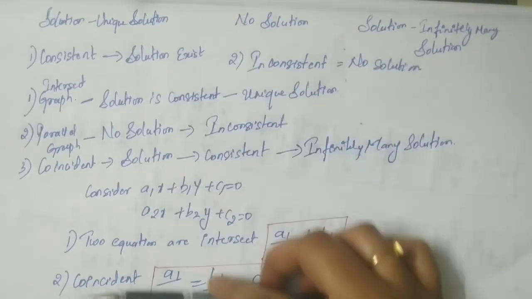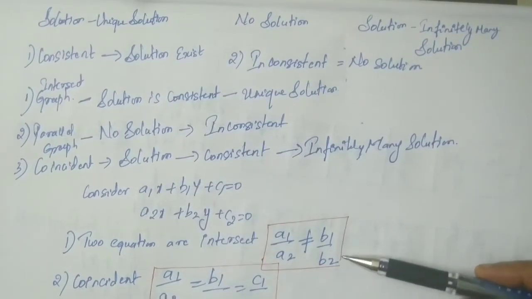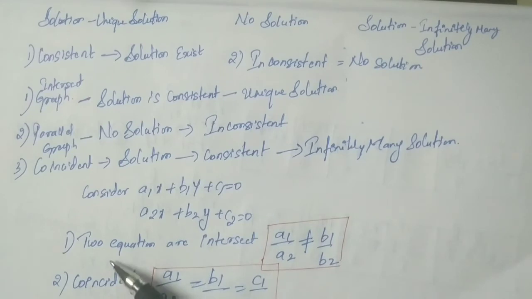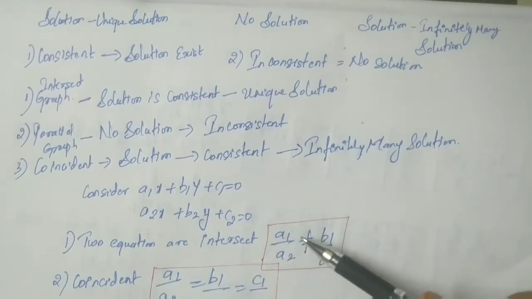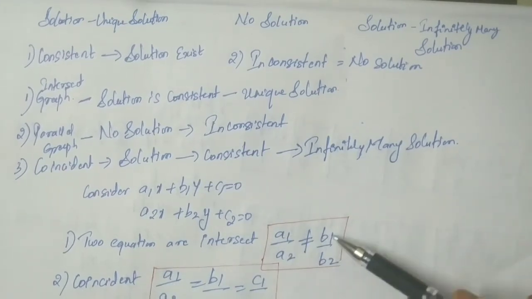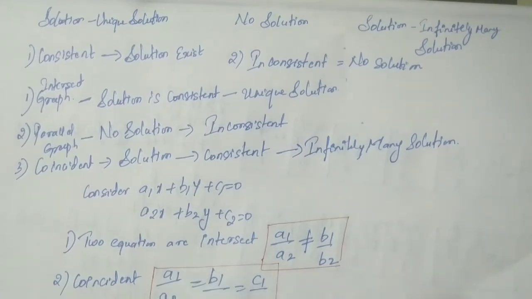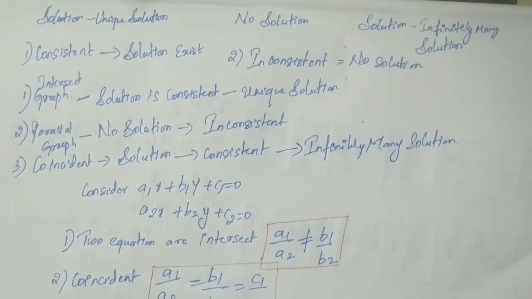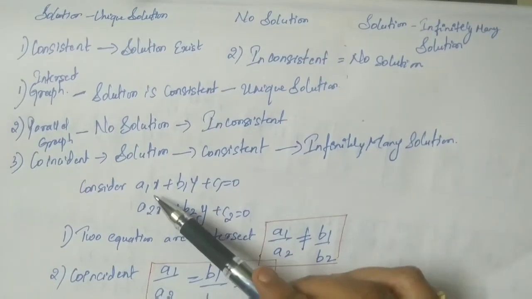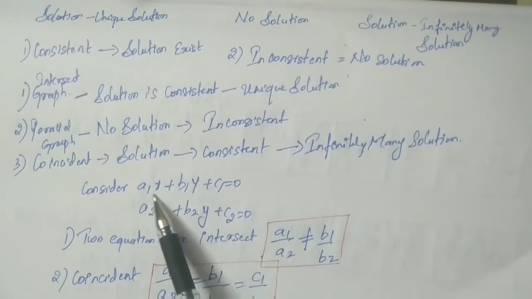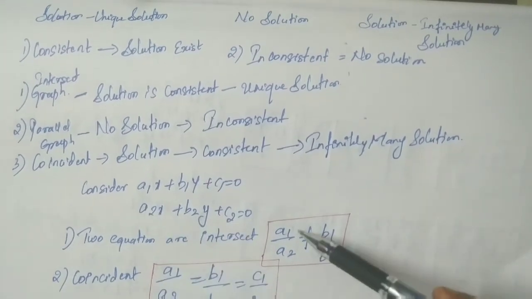We have a standard equation a1x plus b1y plus c1 is equal to 0, a2x plus b2y plus c2 is equal to 0. When they intersect, a1 by a2 should not be equal to b1 by b2. When they coincide, a1 by a2 is equal to b1 by b2 and it should be equal to c1 by c2. And when they are parallel, a1 by a2 should be equal to b1 by b2 and it should not be equal to c1 by c2.